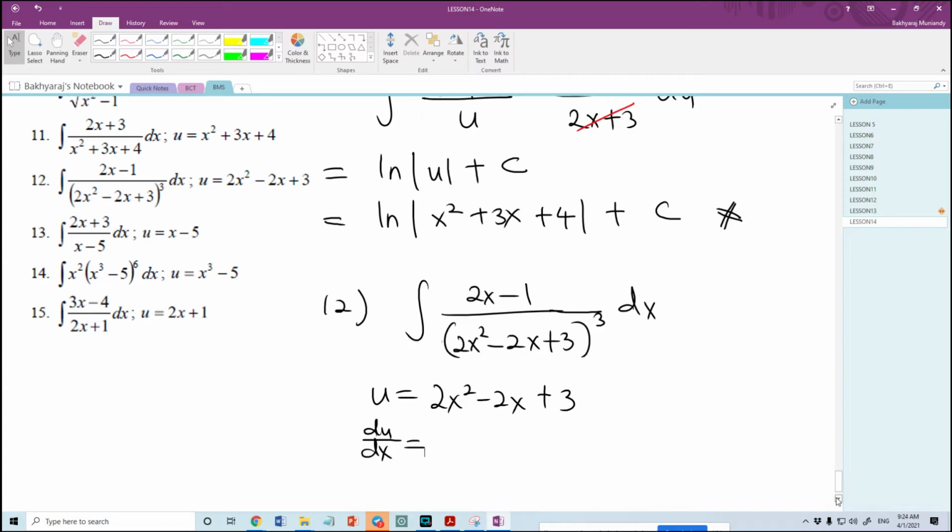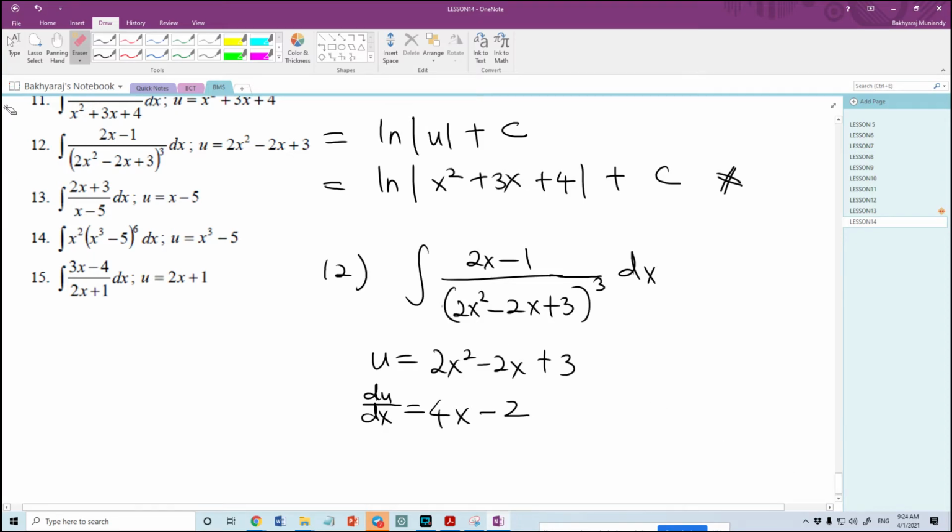So when you differentiate, you get 4x, and here you get minus 2, right? 4x minus 2. Next, dx equals, this one swaps places and goes over here. So dx is 1 over 4x minus 2 du.